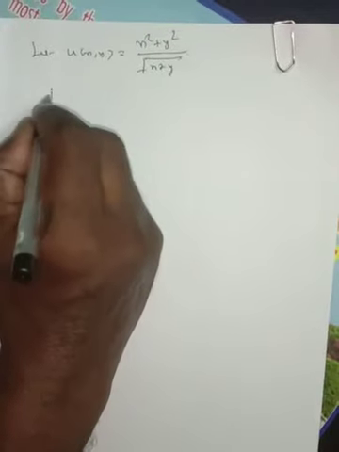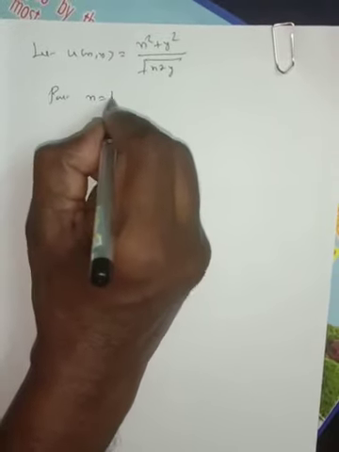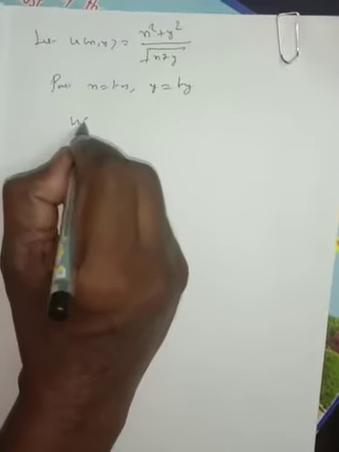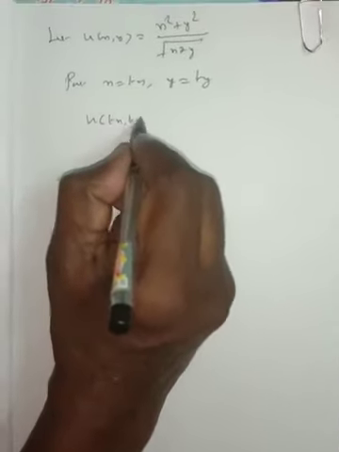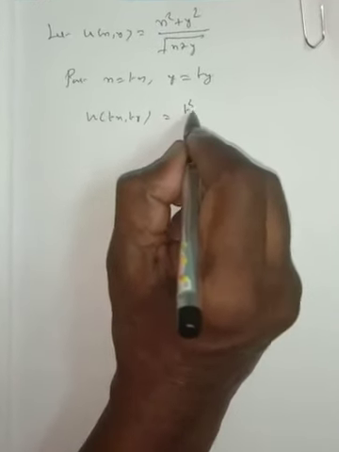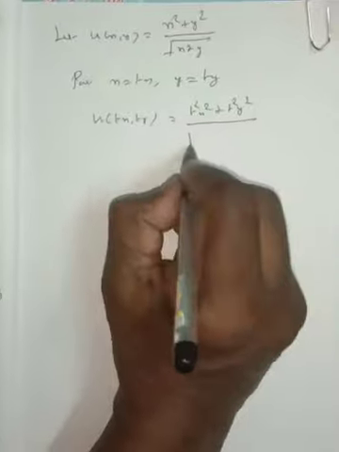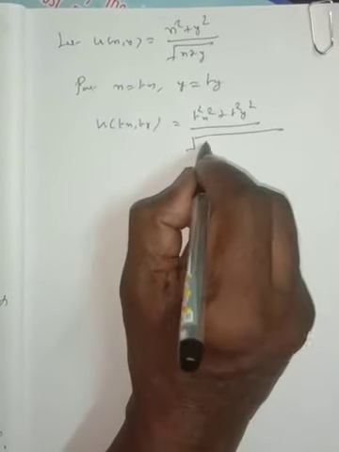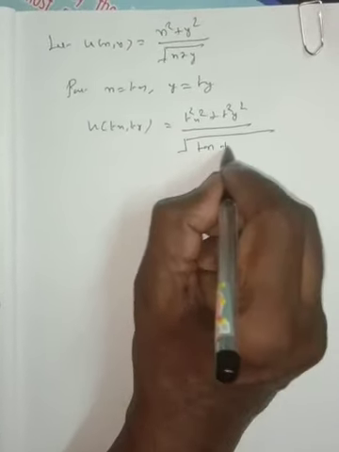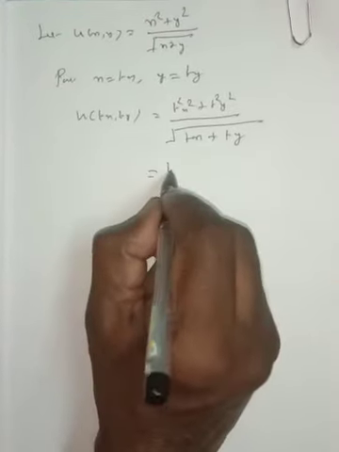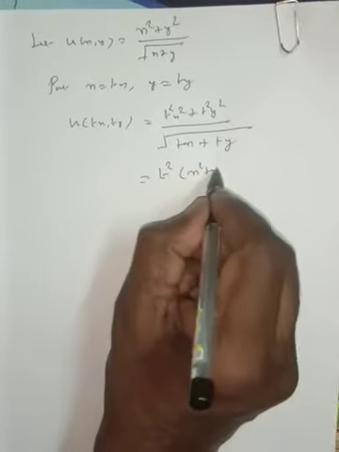Put x equal to tx, y equal to ty in the above. We have u of tx comma ty is equal to t square x square plus t square y square divided by root of tx plus ty. Numerator: common t square of x square plus y square.